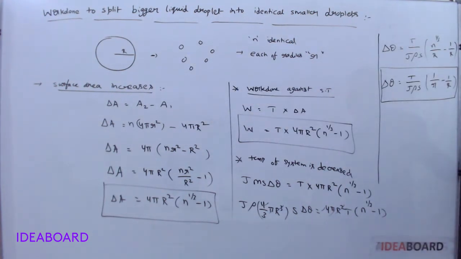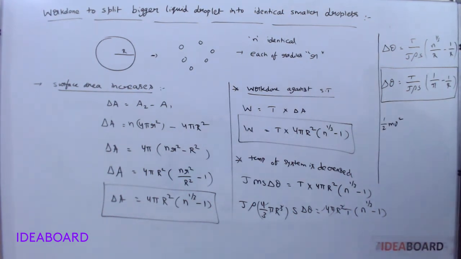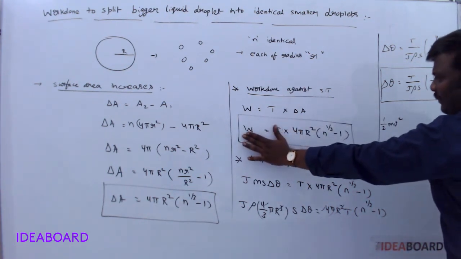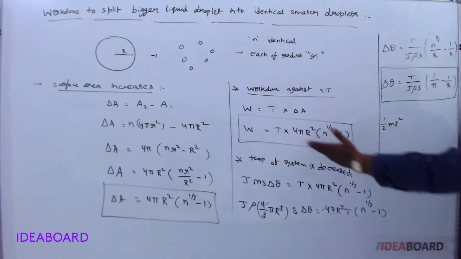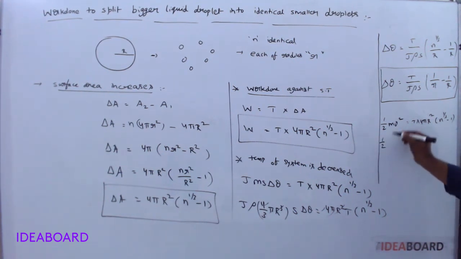If they ask what is the kinetic energy of the molecule, the bigger drop, then instead of work done you may use half m v square. Otherwise, if kinetic energy is asked, you directly write the work done as the kinetic energy. If they ask velocity, please use the formula half m v square is equal to T into 4 pi r square into n power 1 by 3 minus 1. Now half into mass can be written as density into volume.